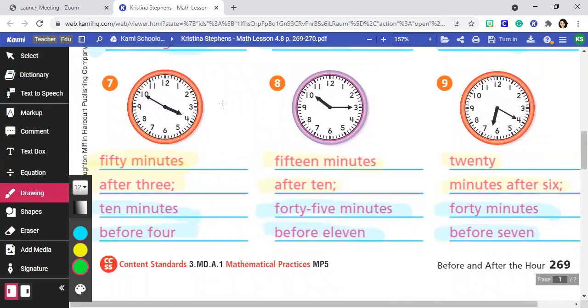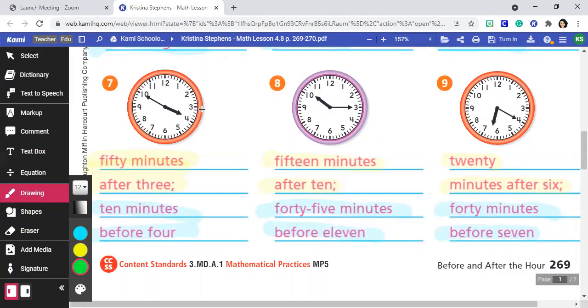7, 8, and 9, I didn't do the skip counting around the outside. Please still do that if you feel that you need to. I looked at this and I know that pointing to the 10 means that I've got 10 groups of 5, so it's 50 minutes after the hour. And my hour hand is in between the 3 and the 4.